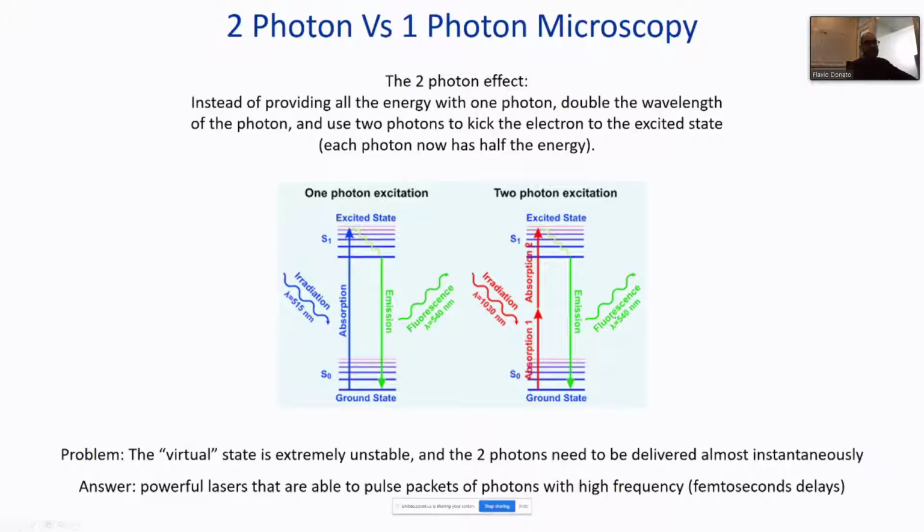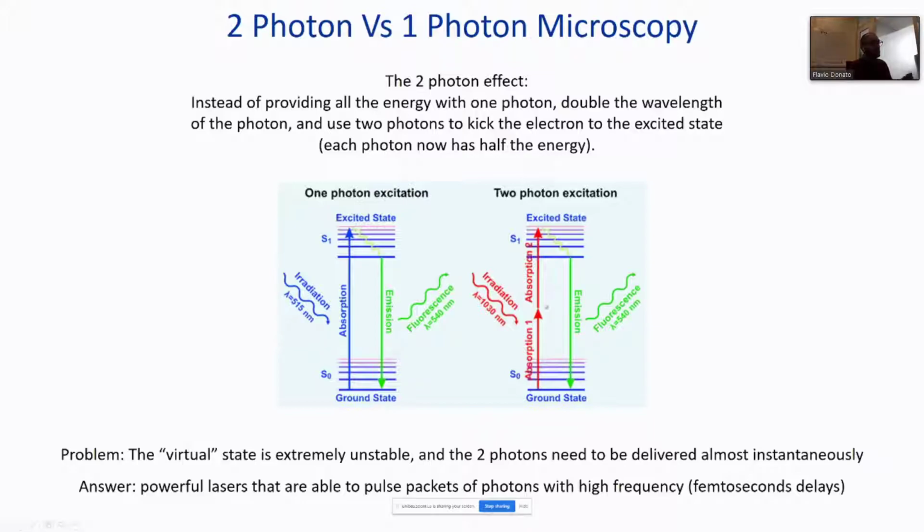Why is this important? The problem in this case is that the virtual state is extremely unstable, and the two photons need to be absorbed almost instantaneously. We're talking about very, very small delays, femtosecond delays.